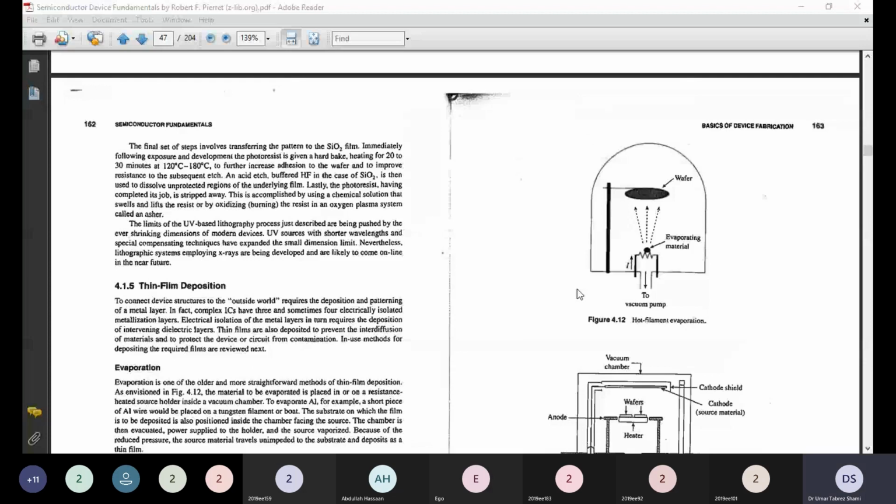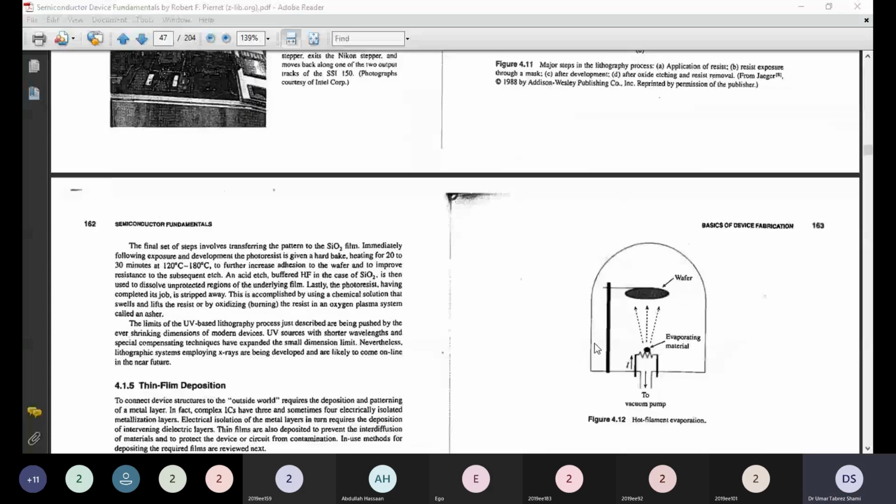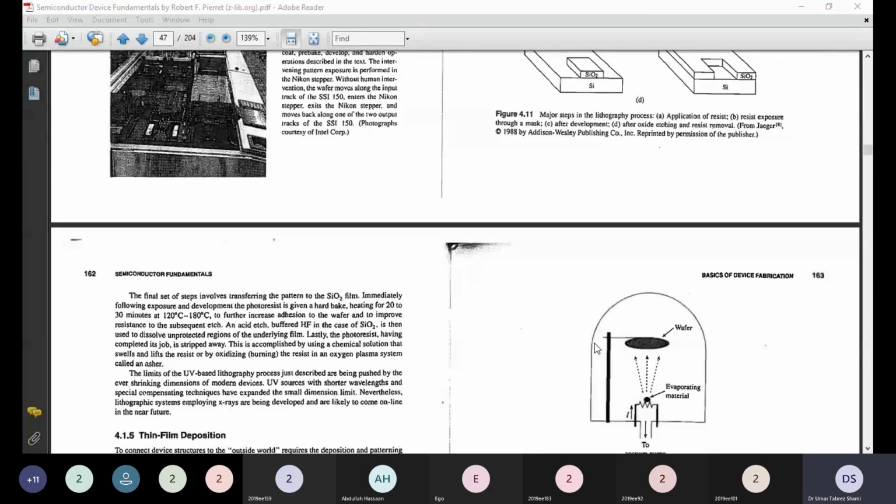The final set of steps involves transferring the pattern to the silicon oxide film. Immediately following exposure and development, the photoresist is given a hard bake, heating for 20 to 30 minutes at 120 to 180 degrees C to further increase adhesion to the wafer and to improve resistance to the subsequent etch.